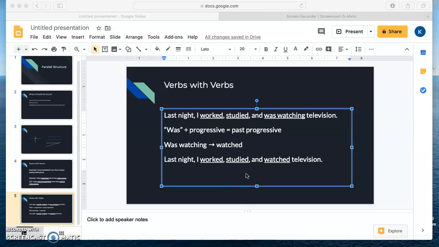If you want to just focus on your verbs and making your verbs parallel, it's perfectly fine to make sure that so long as your verbs are in simple past tense, then you are good to go and you don't necessarily have to have a direct object.